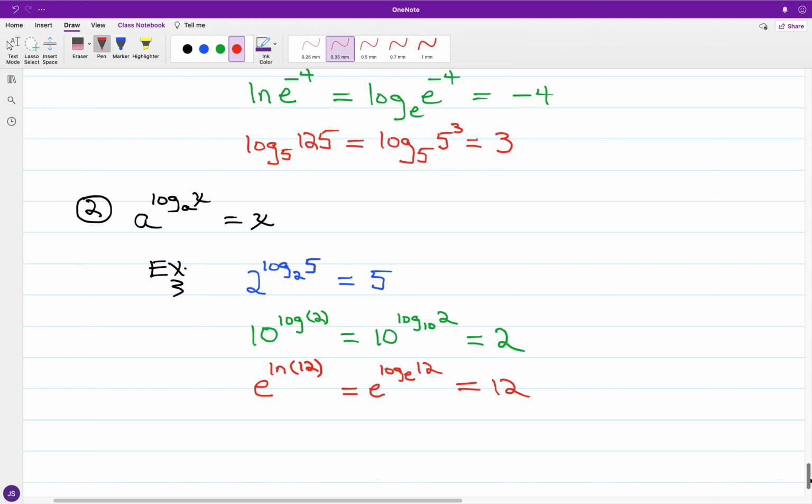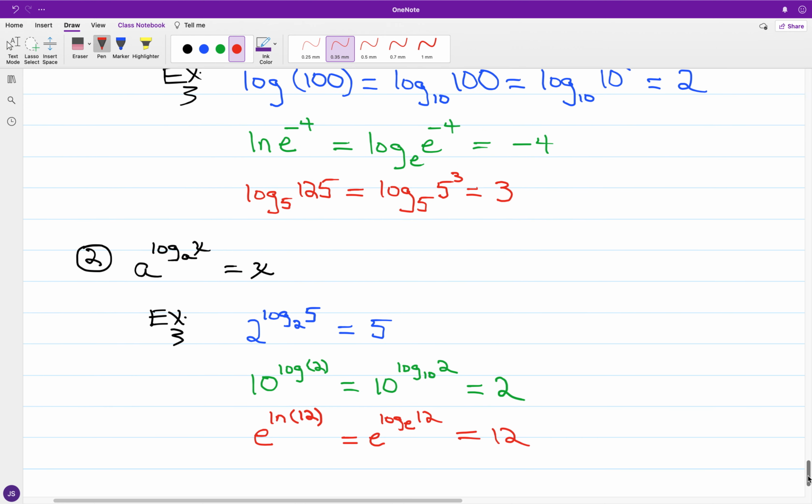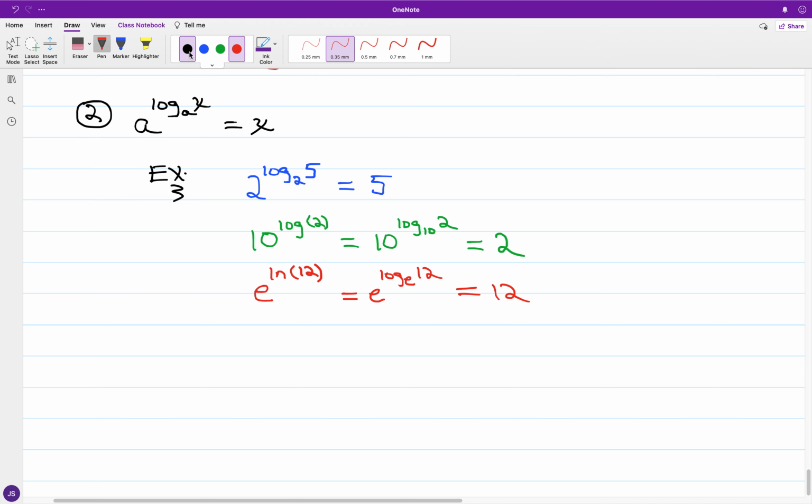Okay, so you have these formulas. You have close relatives of each other. Now, your calculator has natural and base 10 logarithms.